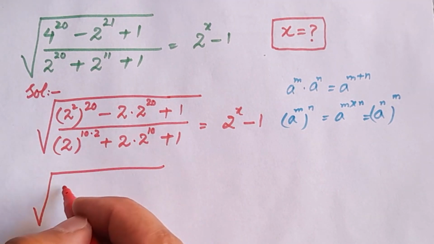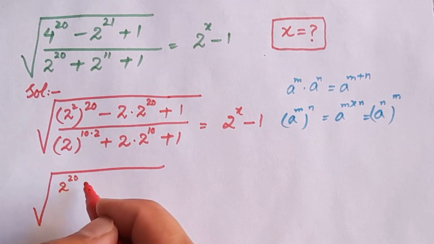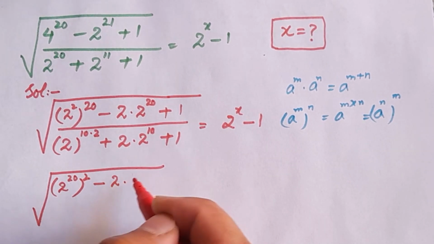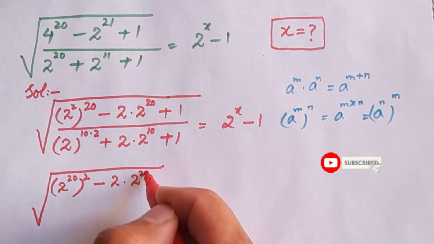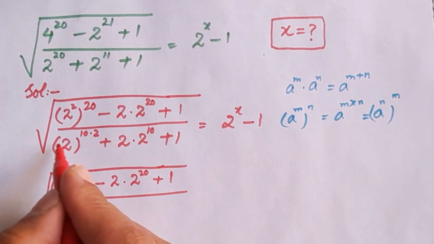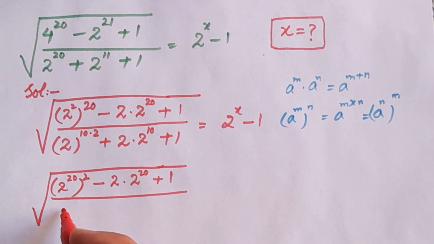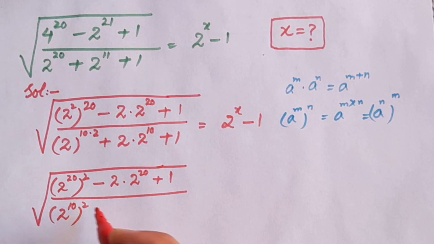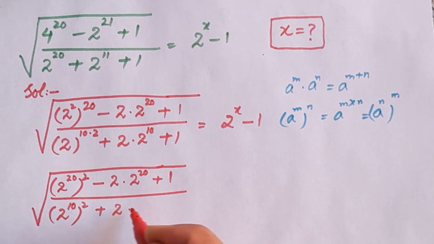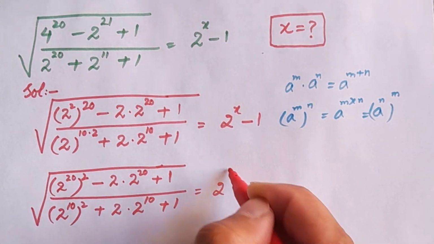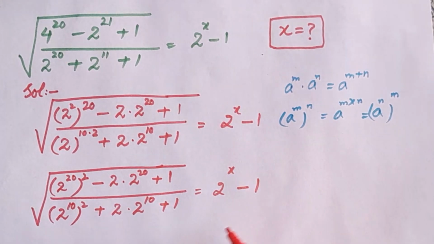So after switching the powers, we can write this as 2 to the power 20 whole power 2 minus 2 times 2 to the power 20 plus 1, divided by 2 to the power 10 whole power 2 plus 2 times 2 to the power 10 plus 1, and the right hand side is as it is.